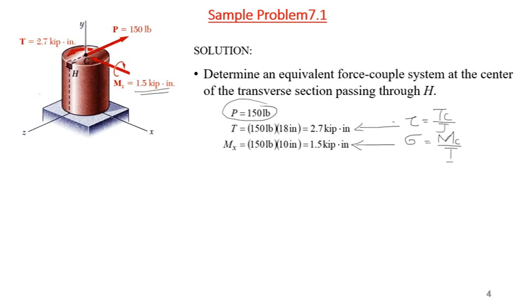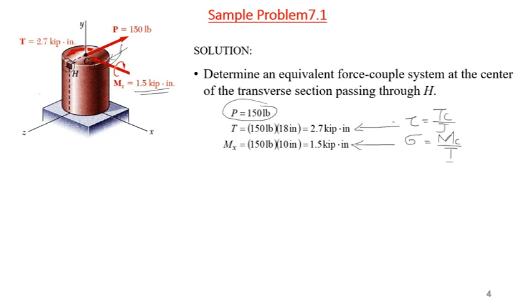Why? Because the point H is at the top surface, and at the top and bottom surfaces the shear stress due to transverse load is 0. But if this point is somewhere here or here, then in that case we cannot ignore the shear stresses due to this force P.